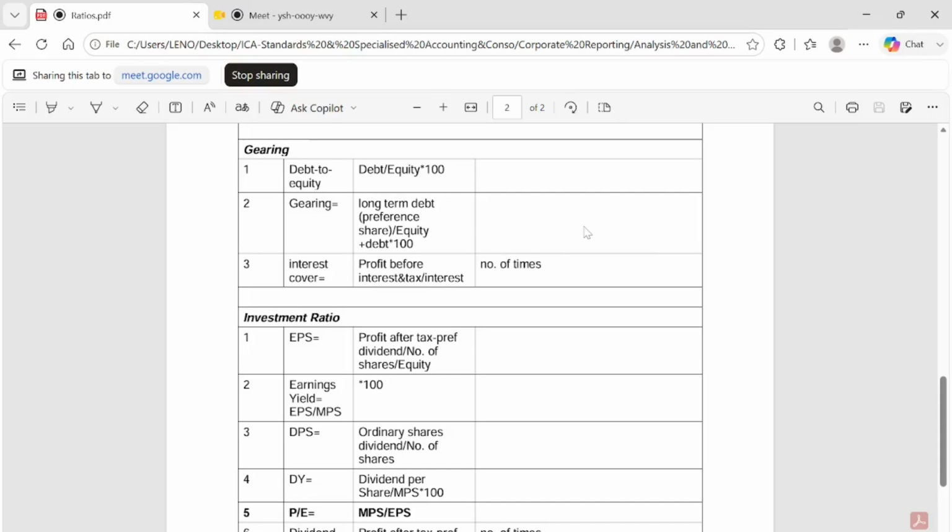What this means is that the profit before interest and tax that we have, when you divide it by the interest the company will pay on its debt portfolio, gives the number of times.